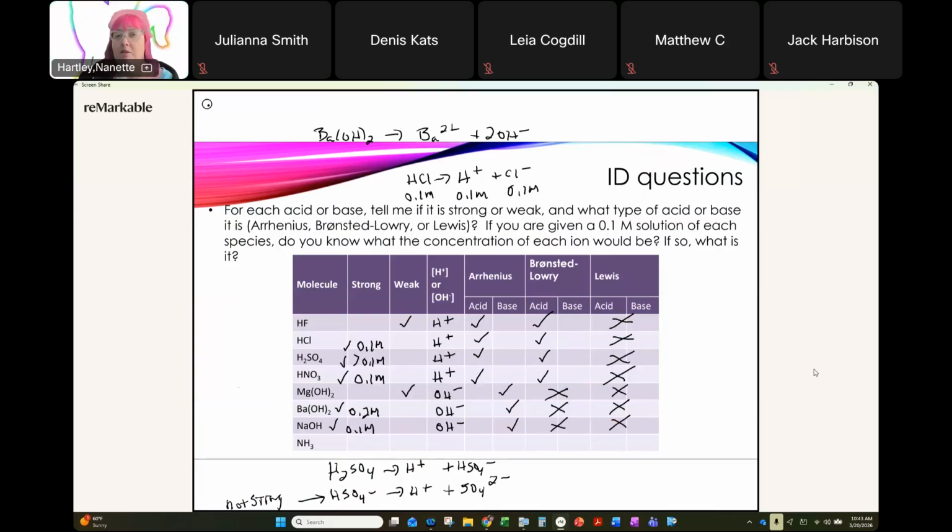Cool with that? Could you go over again why the Ba(OH)2 was 0.2 molar? Yeah, it's because when I dissociate that, the Ba(OH)2 goes to a Ba2 plus and 2 OH minus. If this is 0.1 molar, then this is 0.1 molar. But this, because there's two of them, will be 0.2 molar. It's because of the stoichiometry. Oh, okay. Yep.